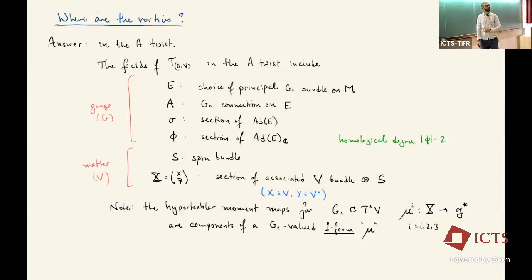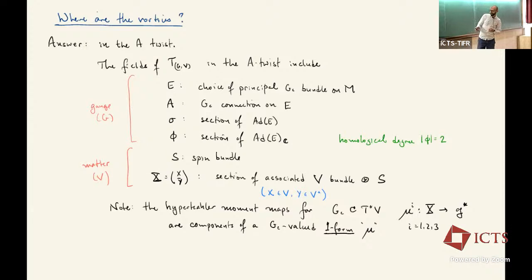Before I say what the equations of motion are, I should also note that when you have this sort of structure of a symplectic representation that's been half conjugated and thrown into a spinor, and you compute the hyperkähler moment maps for the compact group acting on this quaternionic representation, you find that the three moment maps actually belong in a one form.